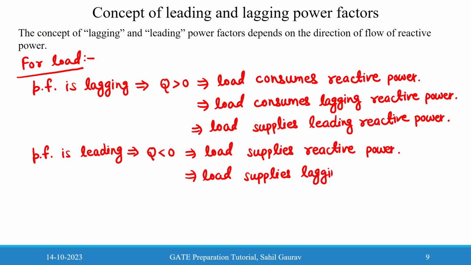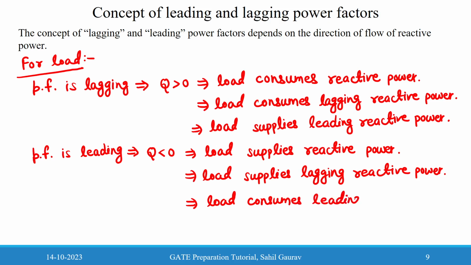Load supplies leading reactive power, this is correct. Now you are writing load supplies lagging reactive power. So which is correct? Load supplies leading reactive power only. And just vice versa, load consumes lagging reactive power. Correct, correct. Okay, okay, sir.